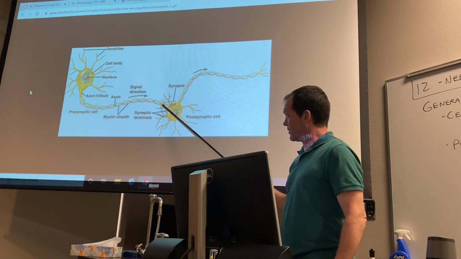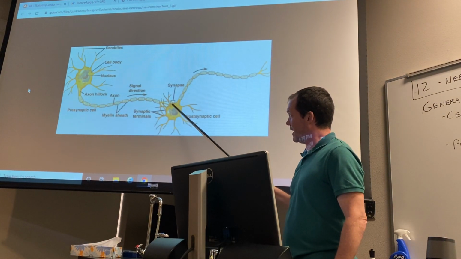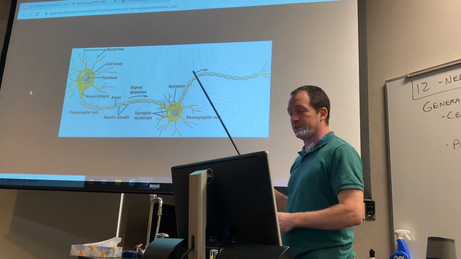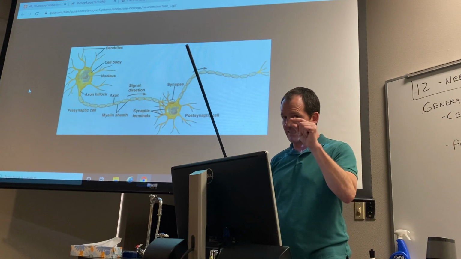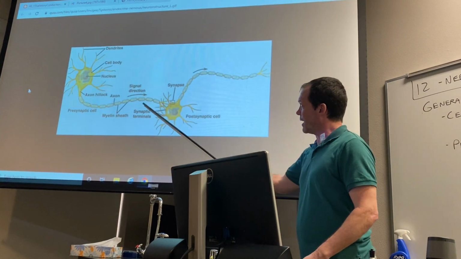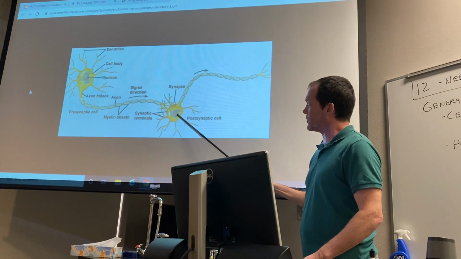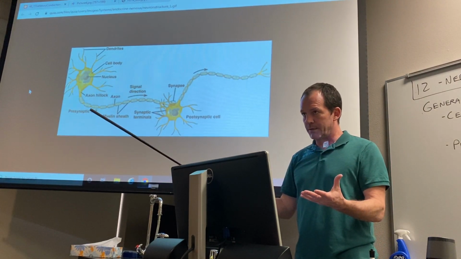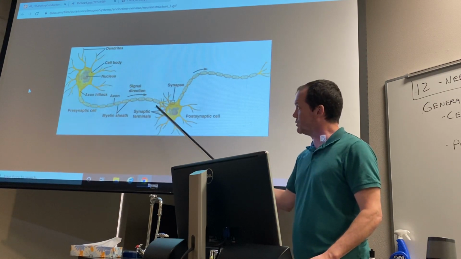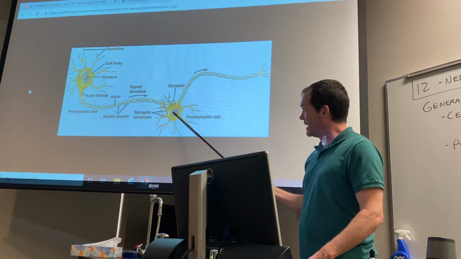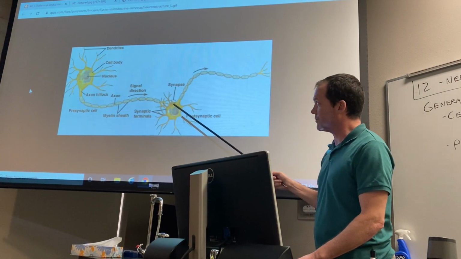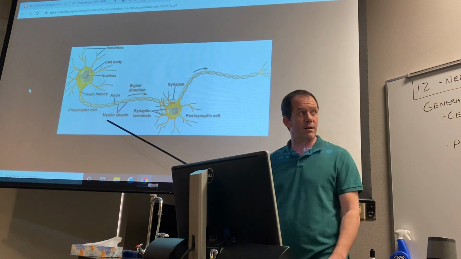When it gets to the end of this axon, it gets to these branches, and the neurotransmitter is released at these little gaps, which you remember as the term synapse, that's a little space, that's all that means. So the neurotransmitter is released at a synapse, which will then signal this neuron to do something or potentially to do nothing. Sometimes you can signal a neuron and its response is to not do something, which I'll get into.